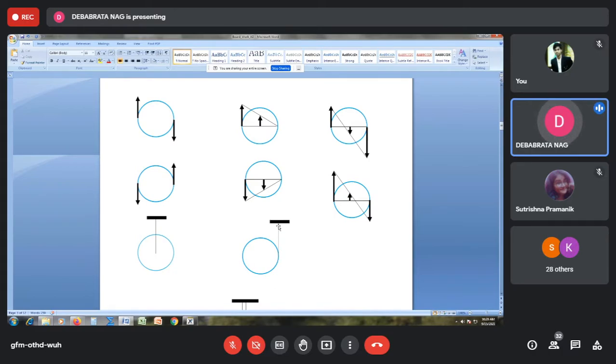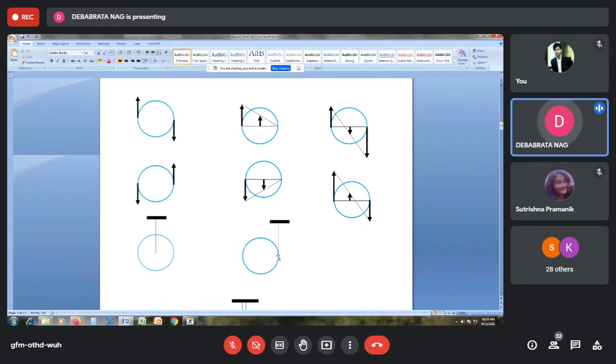Since this string is rigidly connected to the ceiling, all the points on the string are at rest, and therefore this point on the pulley is also at rest. So your pulley will rotate about this point. This will be your center of rotation of the pulley.